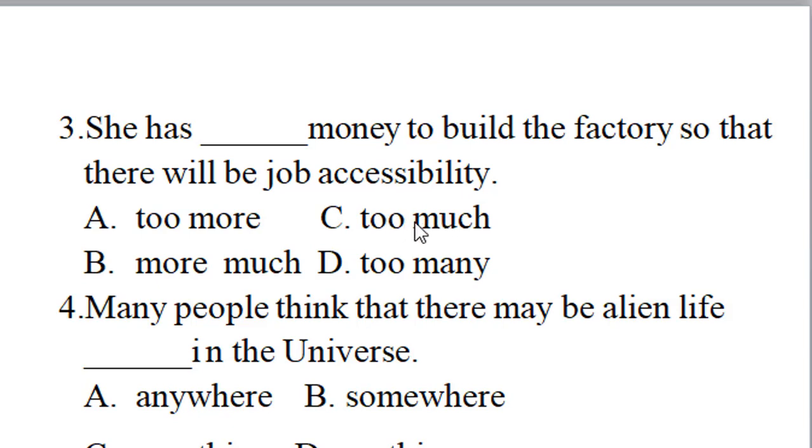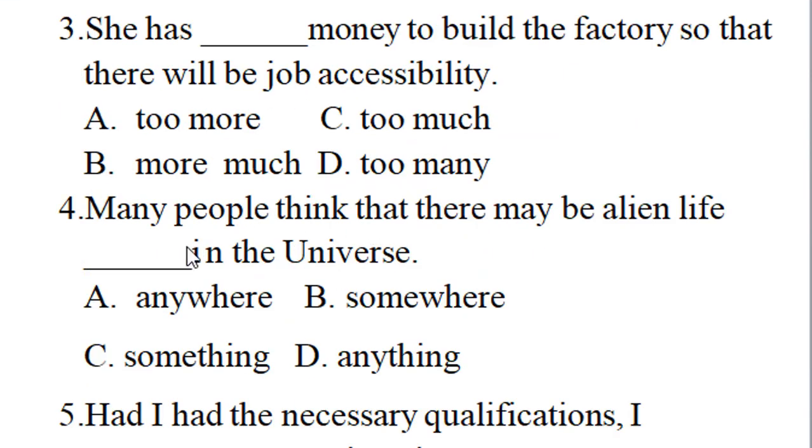Too much emphasizes the degree, the extent, or the intensity, or the amount of money she has. So too much money, right? This is an intensifying word, intensifying the degree or amount of money that she has. This is the rationale, the logic, that I choose option C.